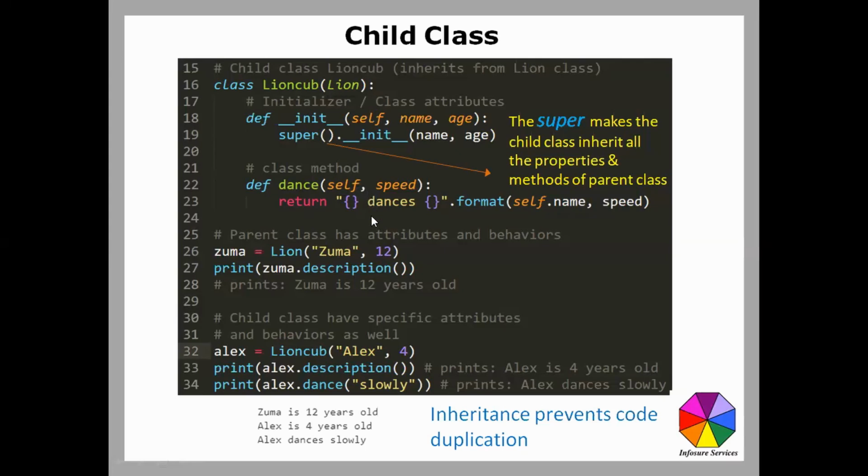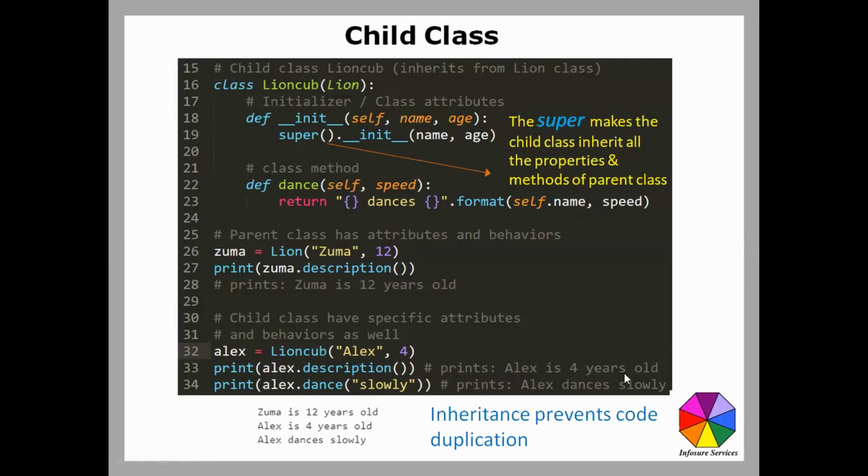In overriding, you have the same method, description, called as Alex dot description. At that time, you can write your own extra code on that. You can write more code to override here.